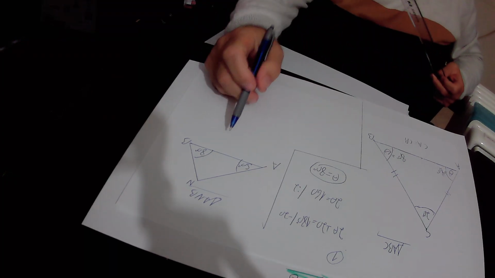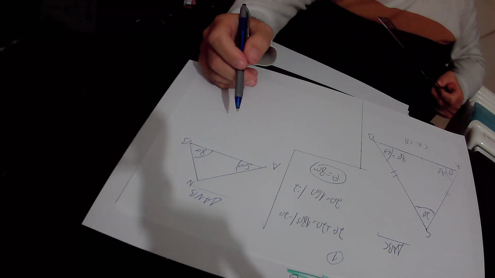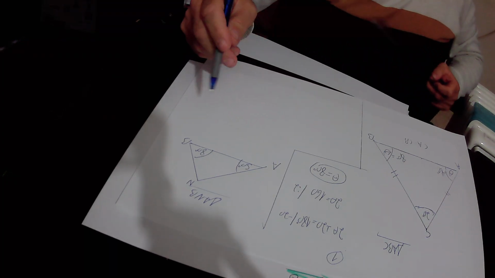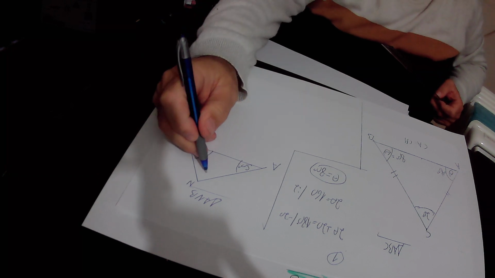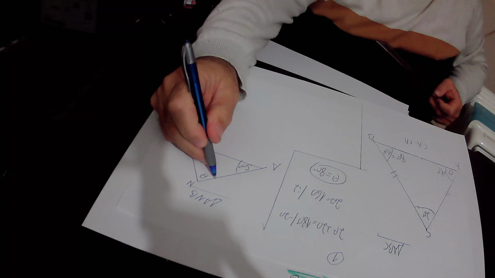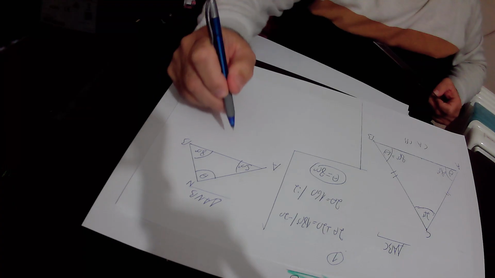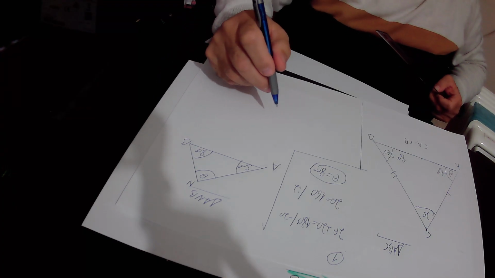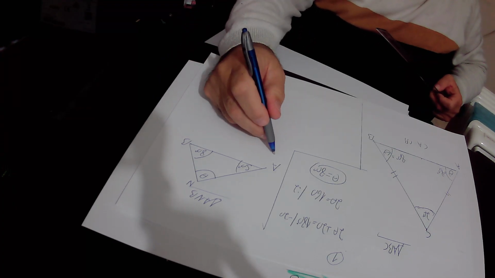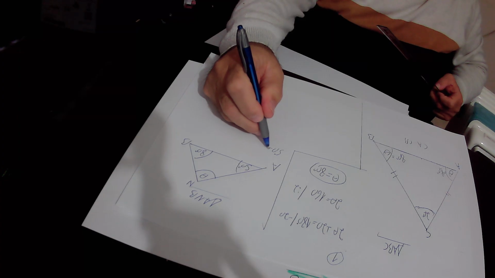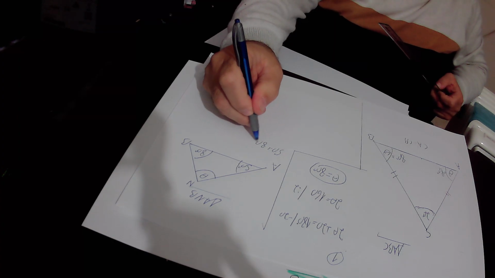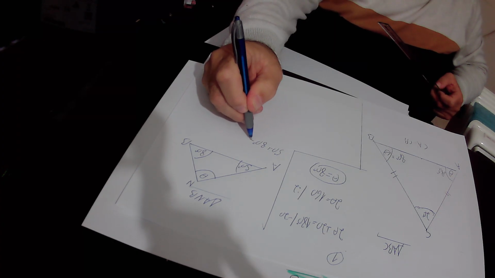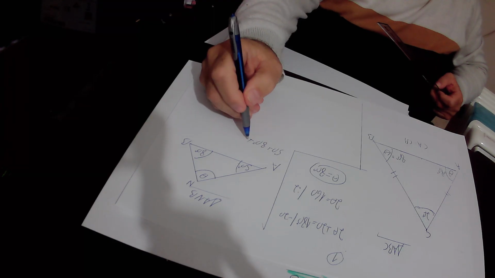So this is triangle ANB that I copied from the original drawing. We define the missing angle, this angle is theta. The sum of the angles in triangle ANB must be equal to 180 degrees, that is to say 50 degrees plus 80 degrees plus the missing angle, that is angle theta.